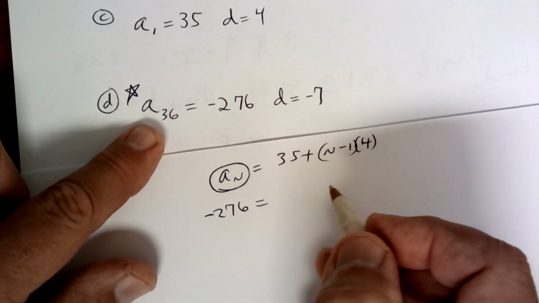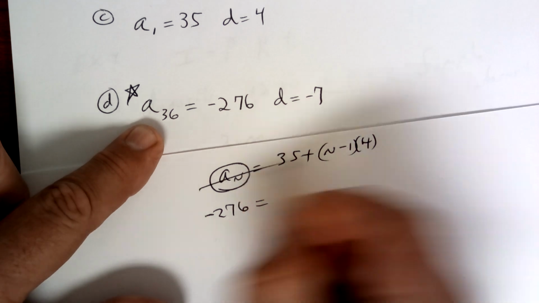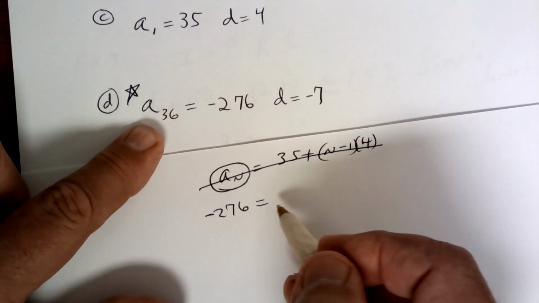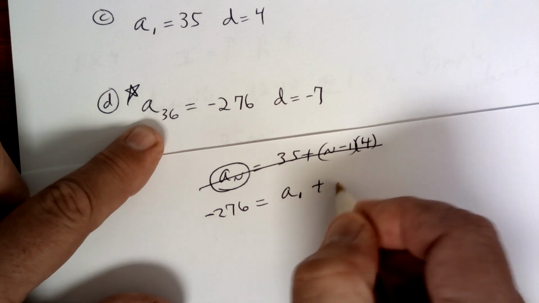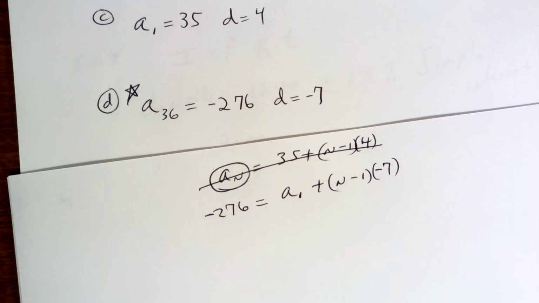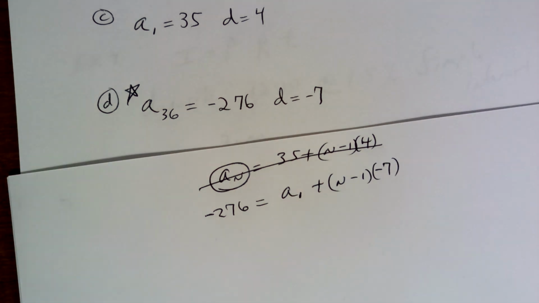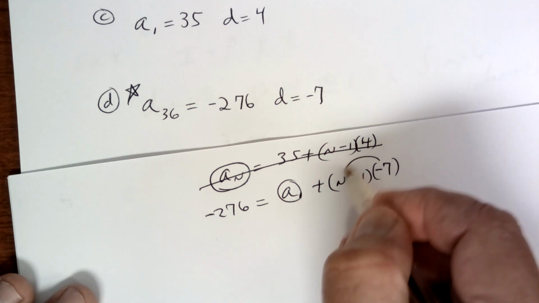Okay? You don't know, that's a different problem. You don't know the first term, a sub 1, n minus 1 times the difference. There's the setup. Now you got to solve that equation for a1, and you have the first term. So you're going to distribute.